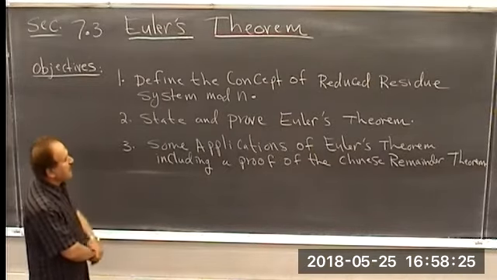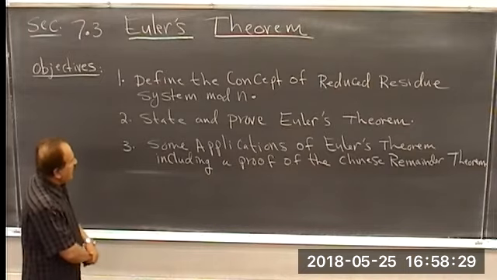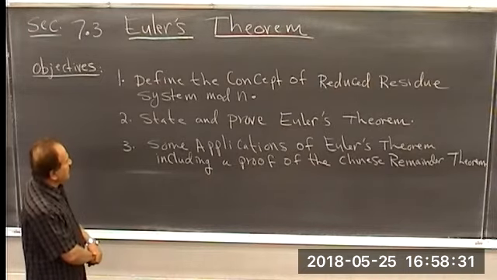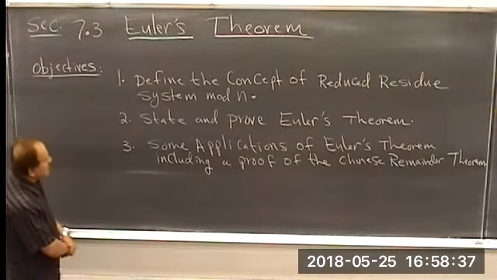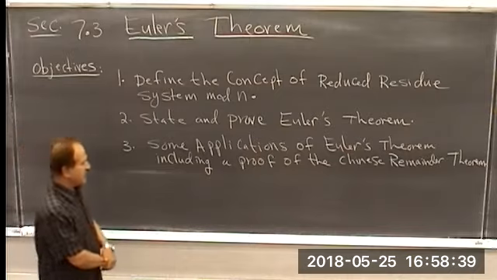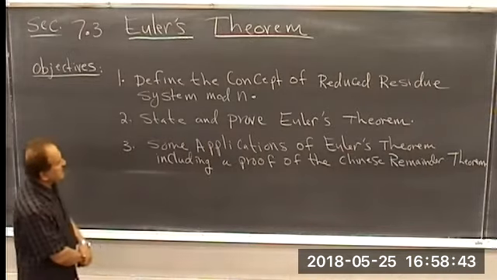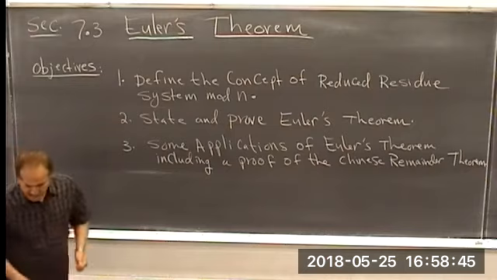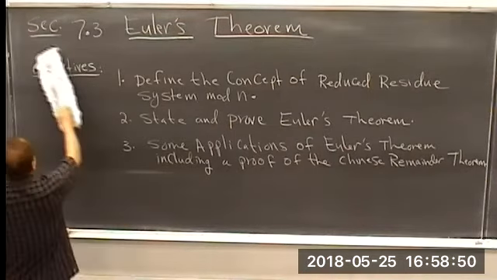We're going to prove actually a lemma before we do that. And then we're going to look at different applications of Euler's theorem. And one of these will include the proof of the Chinese remainder theorem, a different proof using Euler's theorem. So let me start with defining the concept of a reduced residue system.